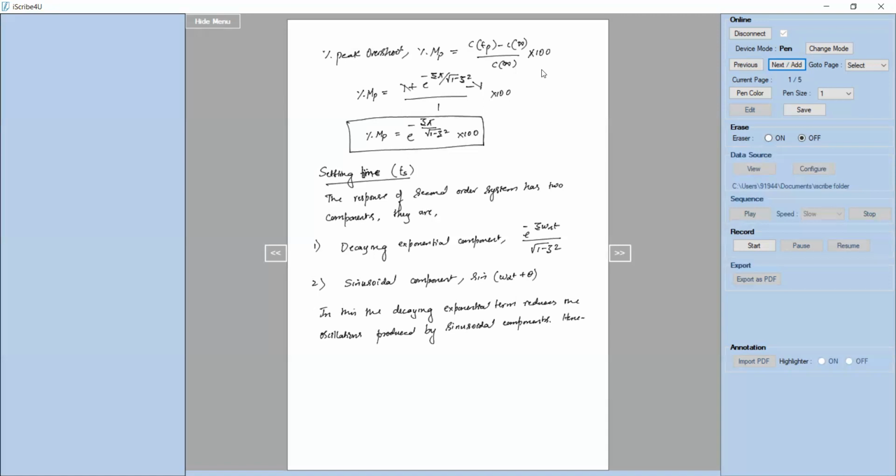Hence, the settling time is decided by the exponential component only.